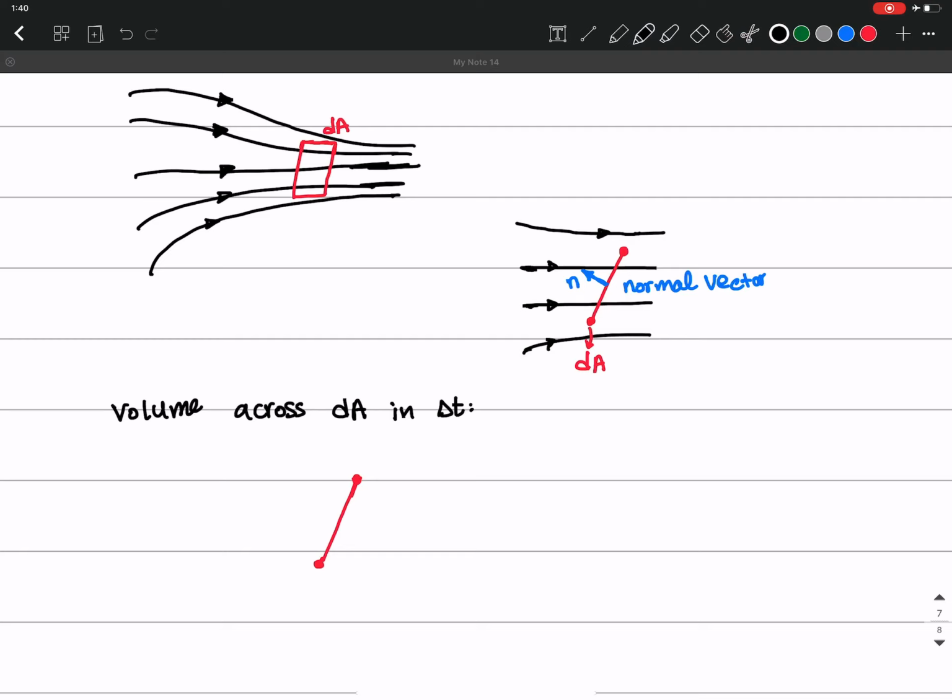So the velocity vectors are like this, almost like this. In time delta t, they travel v delta t. This is going to be their delta x, right? How much of the flow is going into that surface. And now, in order to see how much of it is going exactly inside that control volume, we need to calculate the normal vector here. So we have the normal vector.